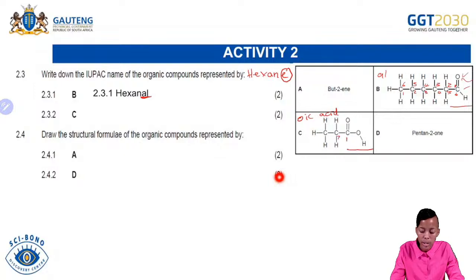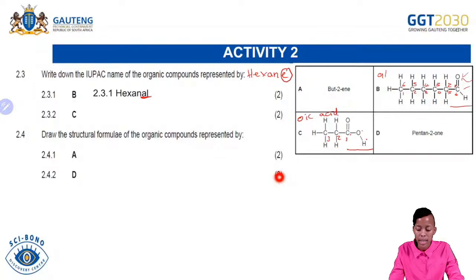So it's 1, 2, 3. What is going to take priority in terms of numbering? It's going to be the functional group, which is what? C double bond O and the OH. So it takes priority, meaning when you start counting, you start counting from the functional group, or from the C double bond O.